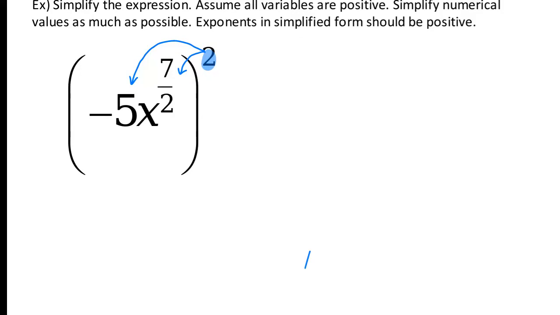So this is going to be negative 5 to the second power times x to the 7/2 raised to the second power. Okay, and what's negative 5 to the second power? Negative 5 times negative 5 is 25.